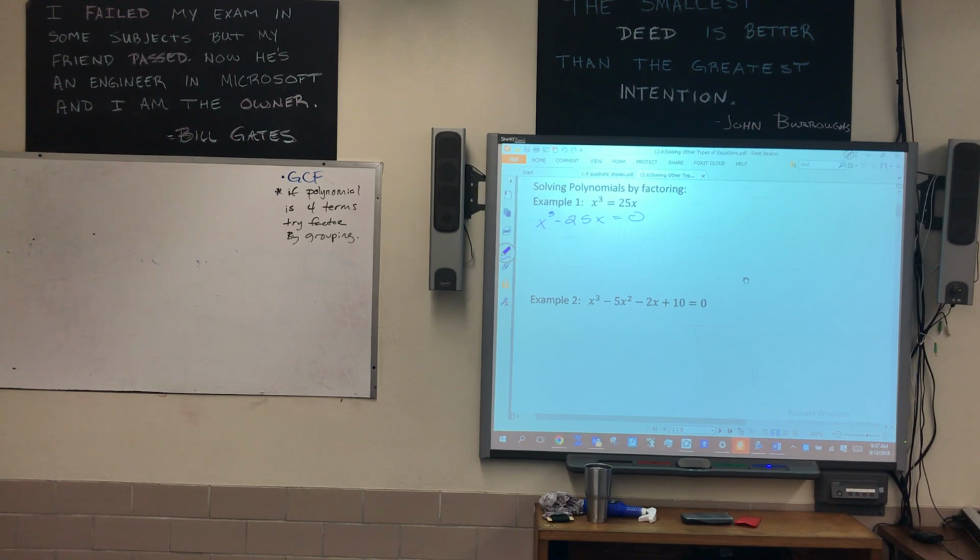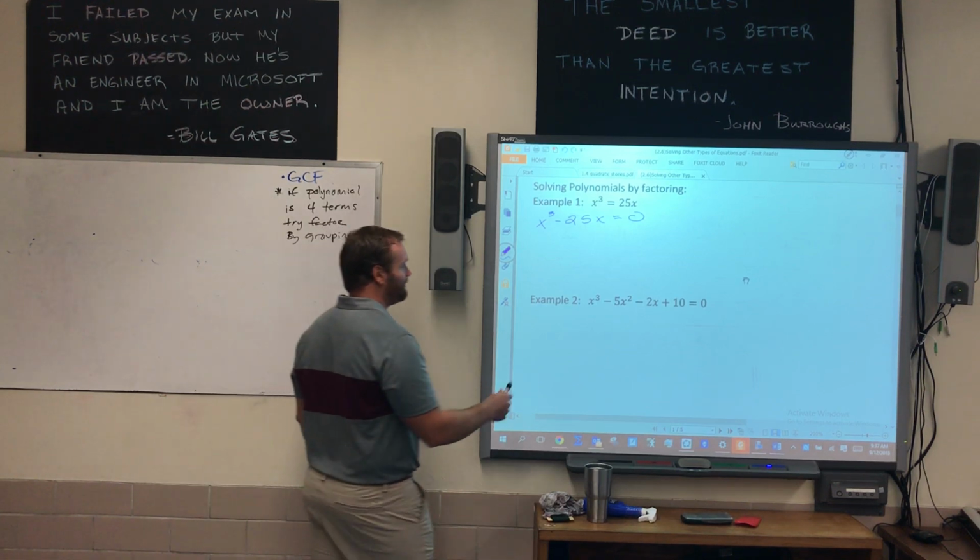Something that will divide every single term equally, so that your quotient ends up being a whole number or a whole object. I can divide everything up there by x squared, but it doesn't lead to anything useful. But I can divide everything by x, which would provide something useful.